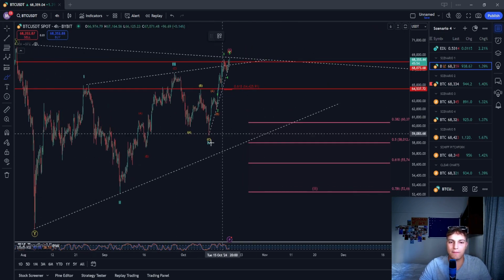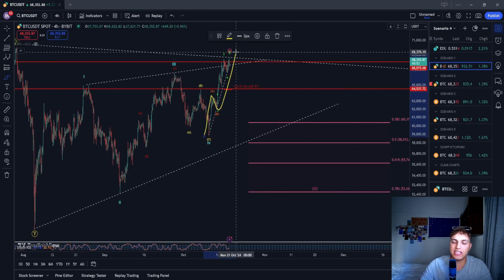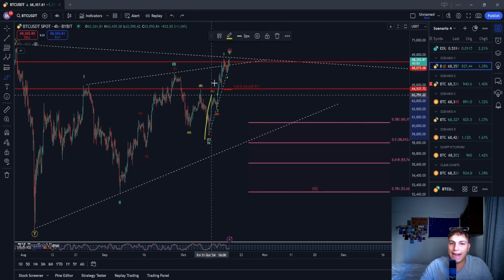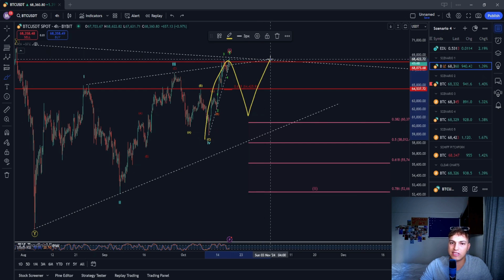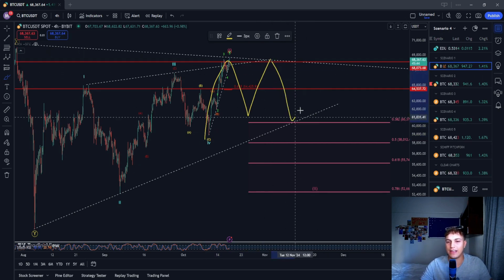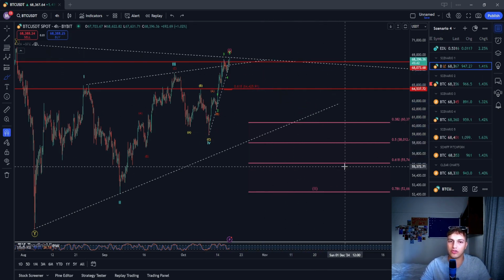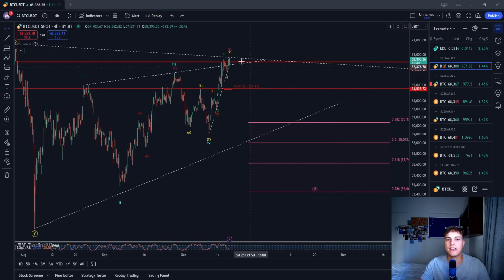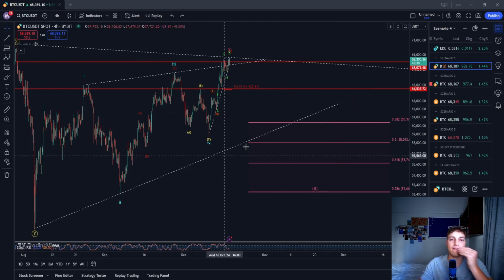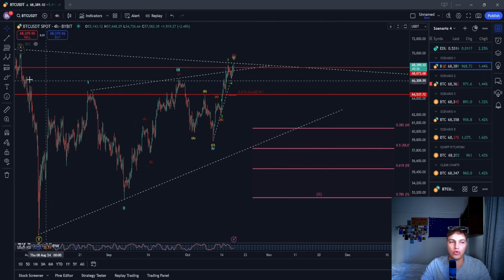So if we look here, this could be an ABC, finishing that 3-wave move and then come down into this wave 2. But at the moment, I do see us finishing this wave 5 now and then coming to the downside.